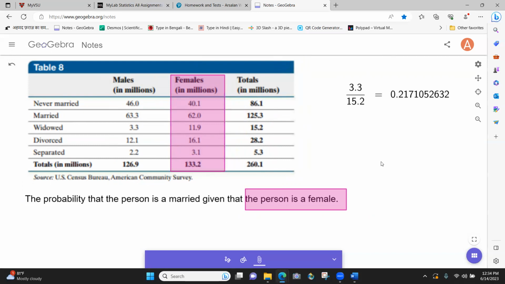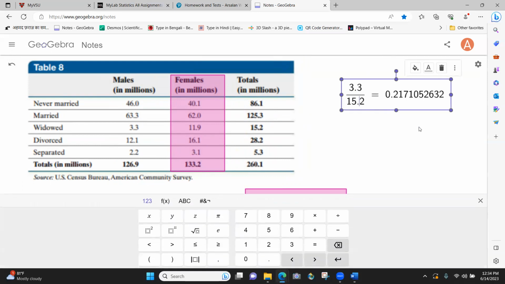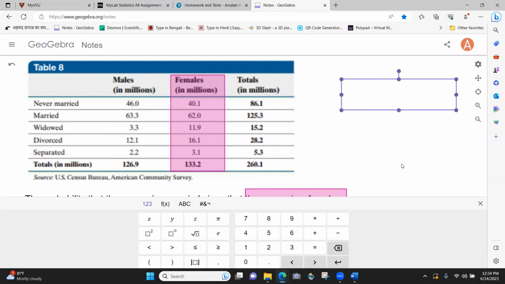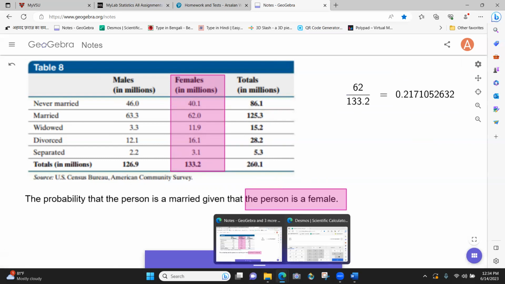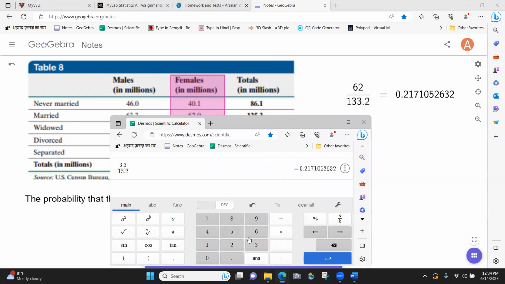Now, if I'm only looking at the females, I want to know what fraction of the females are married. This is the number of married, and the total number of females, and married is going to be 62. I'm going to use my calculator to find the answer to that question.